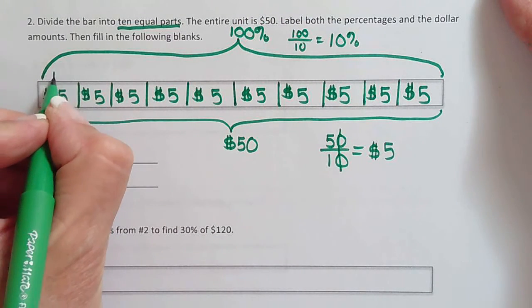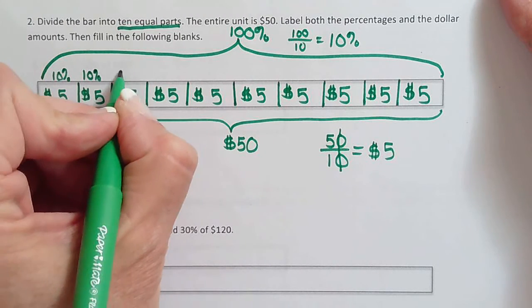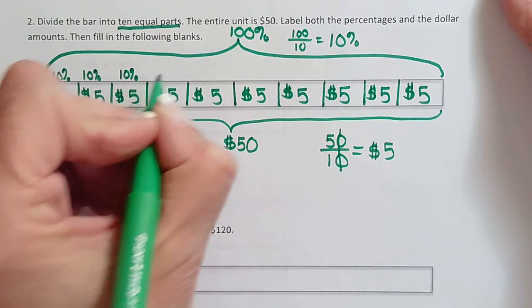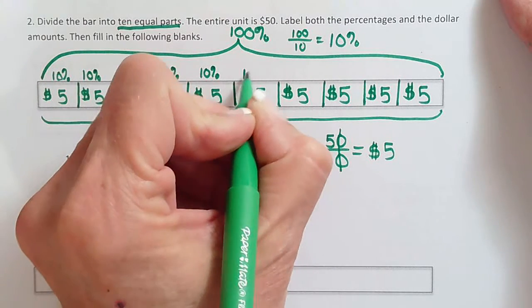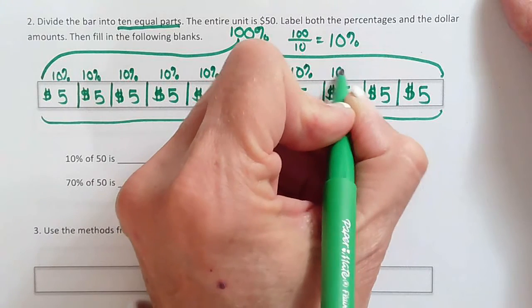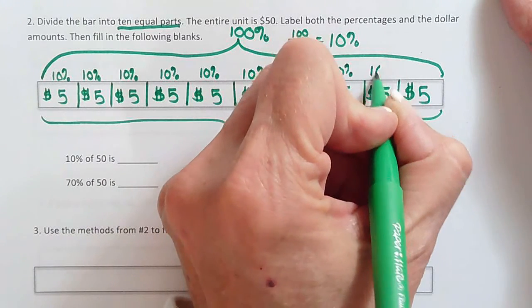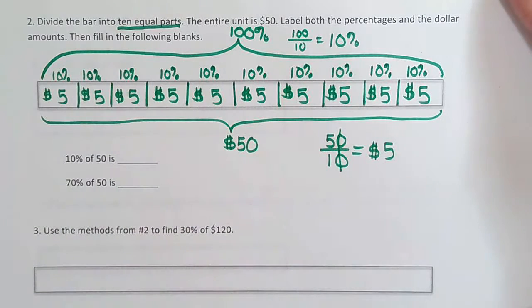So this is 10%. This is 10%. This box represents 10%, 10%, 10%, 10%, 10%, 10%, 10%, 10%.